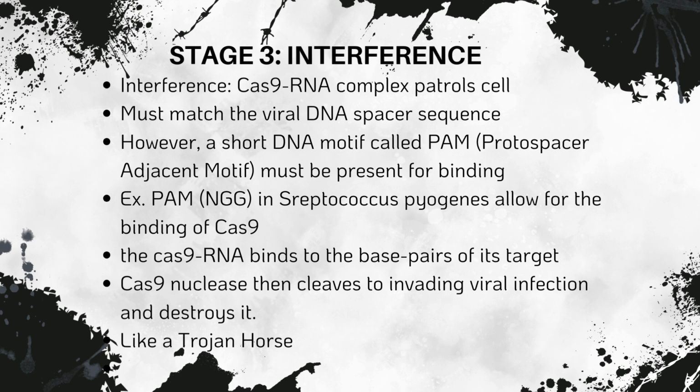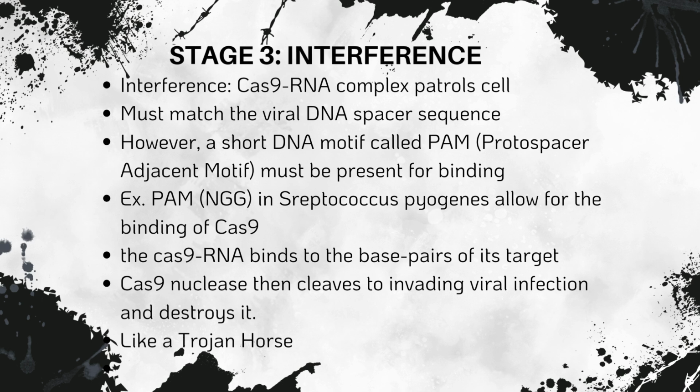An example of PAM is NGG in Streptococcus pyogenes, which allows for the binding of Cas9. So Cas9 RNA is only able to bind to viral DNA if a short DNA motif called PAM is present. If the viral DNA does not have a PAM attached to it, then Cas9 is unable to bind to it.